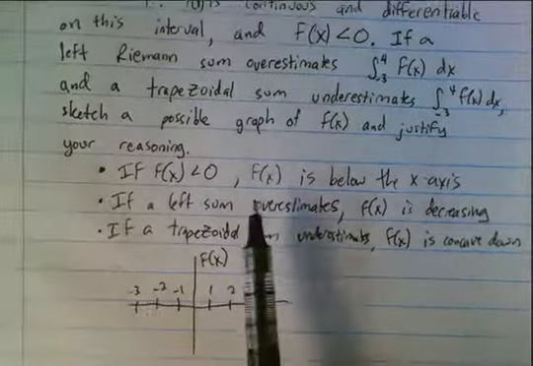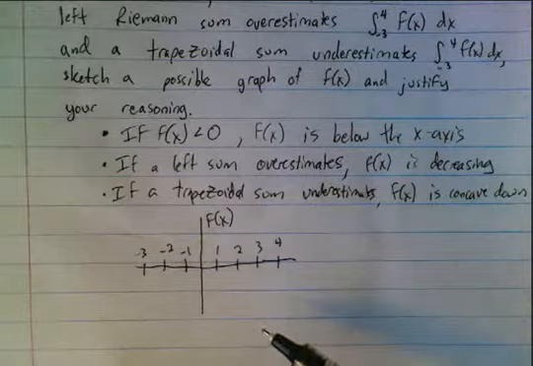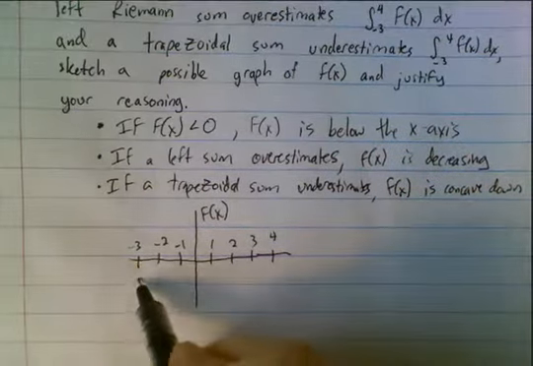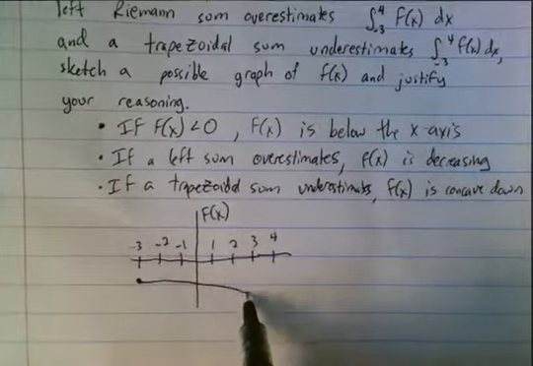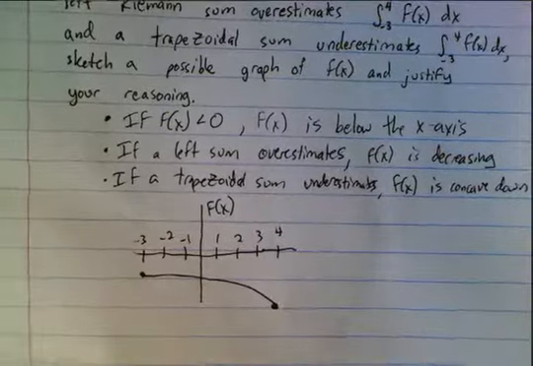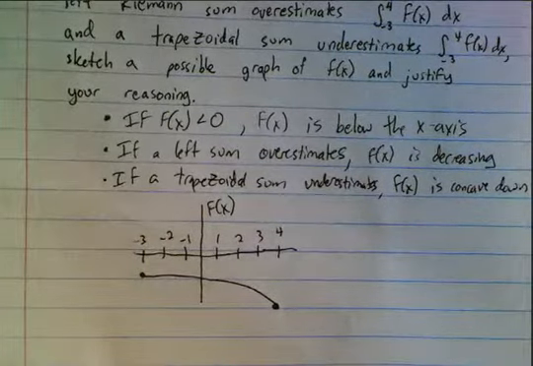And we want f of x to be below the x-axis, decreasing, and concave down. So that means going from -3 to 4 should stay below, be going down, and be curved down. Something like that. And that's all there is to it. So that's one sort of strange problem we can see. Here's another type.